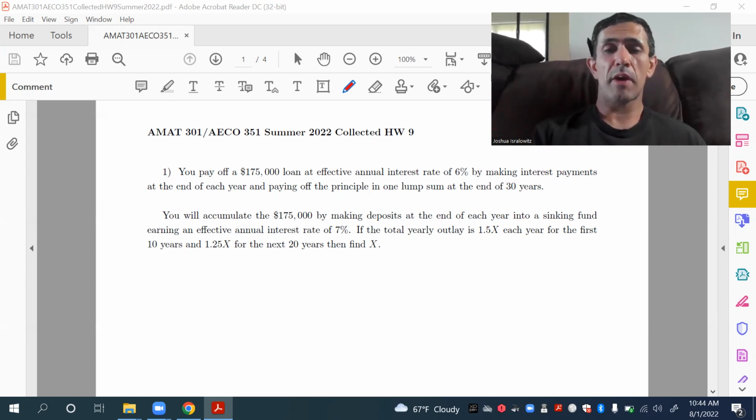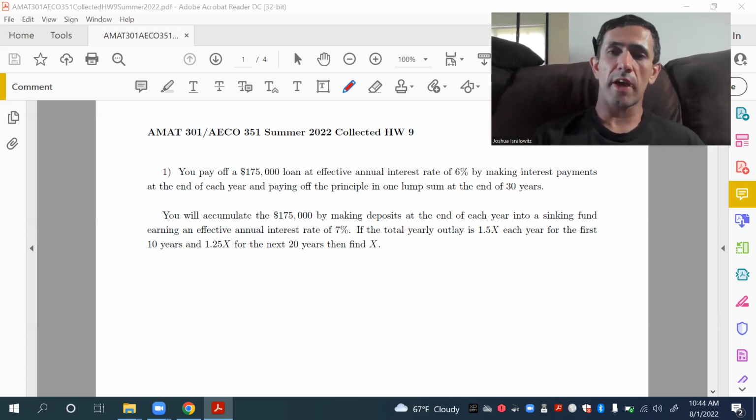It's just a method of paying off a loan by making interest payments, but also making additional payments into an account where the accumulated value pays off the principal at the very end. Again, you're paying interest at the end of each year. Okay.